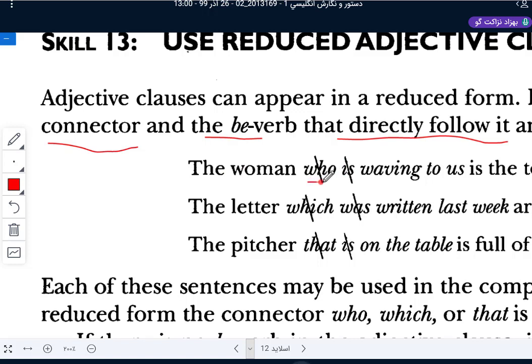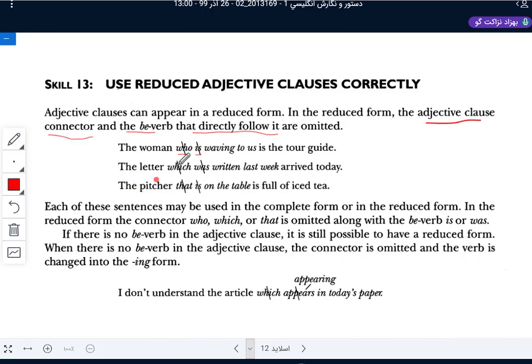I have the connector, and at the same time I don't see any subject, so this connector can function as the subject of the sentence. So in that case, I can do away with the connector which functions as the subject and a be verb at the same time. So I will come up with: the woman waving to us is the tour guide.